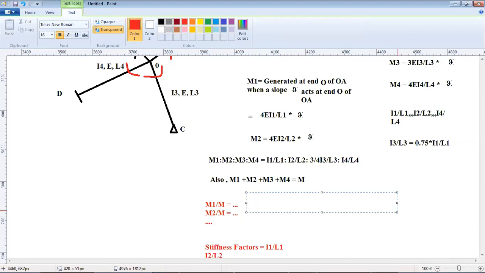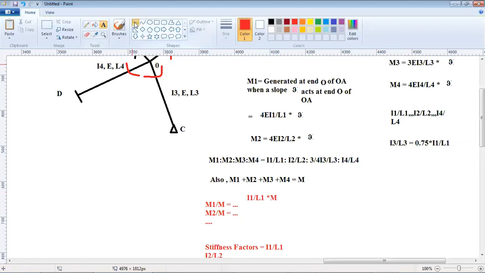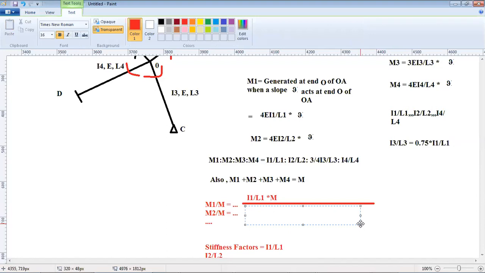Now, if we take it in terms of ratio, it will be equal to I1 by L1 into M, because it's 4EI by L. E will cancel between the top and the bottom, so I'll not write down the E value, divided by what is total M?